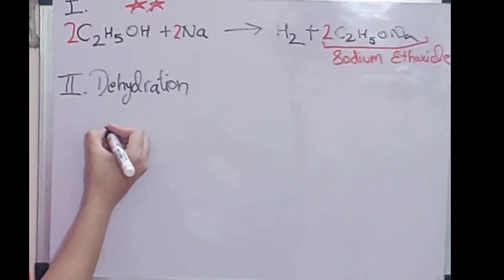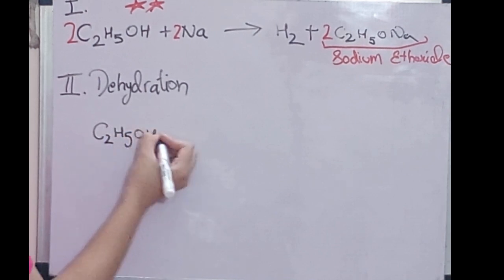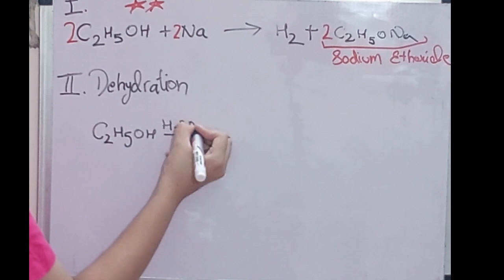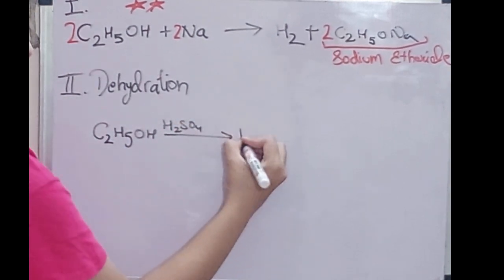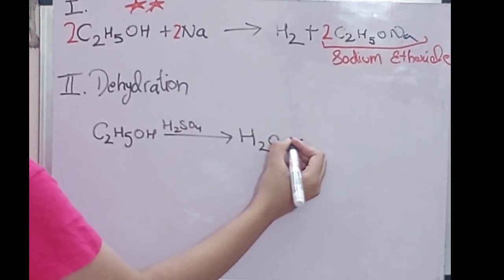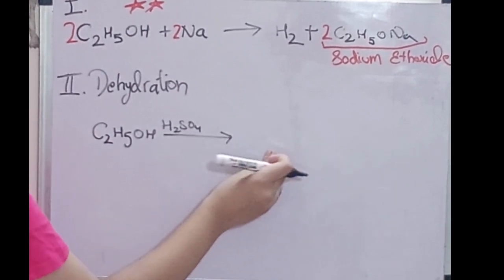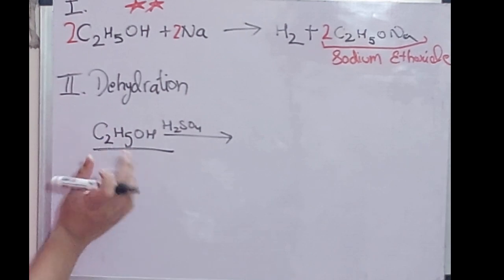Clear? Now, dehydration. Dehydration was for removal of water. Okay. So your C2H5OH by H2SO4 will give me water. So water तो मिलेगा ही, but let's not write it down. It's not necessary to write. So हम basically सिर्फ इसकी बात करेंगे कि इसका क्या होगा.